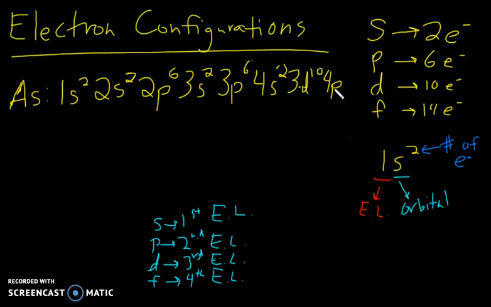And to get to arsenic, we need to go 3 places in, so we get a 3. So we would get 1s2, 2s2, 2p6, 3s2, 3p6, 4s2, 3d10, and 4p3. That would be our electron configuration for arsenic, right there.